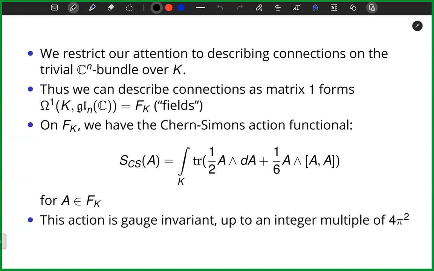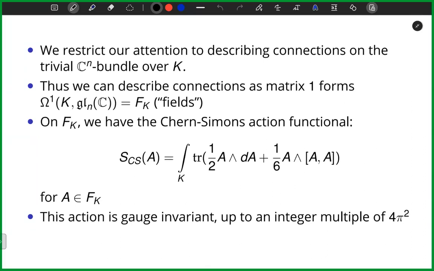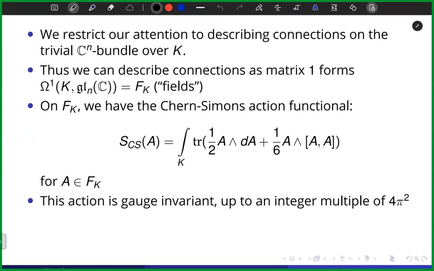On fields, we have this Chern-Simons action functional, this formula. Recall that K is a three manifold, so the thing inside is a three form. This wedge product is a combination of the wedge product of differential forms and matrix product, and this bracket is just the commutator bracket of that matrix wedge product.